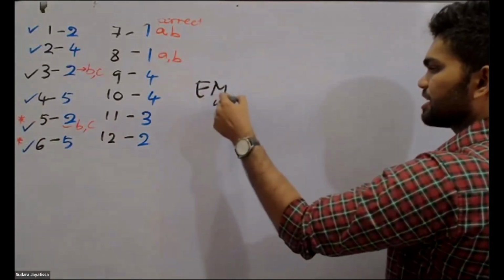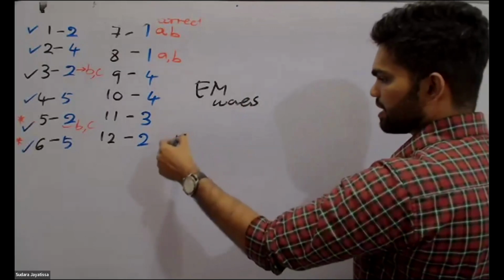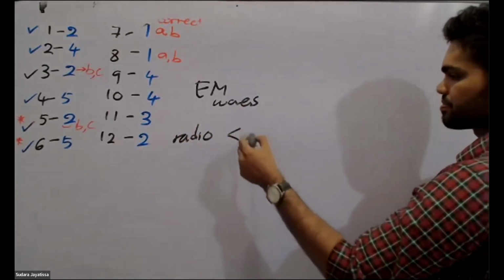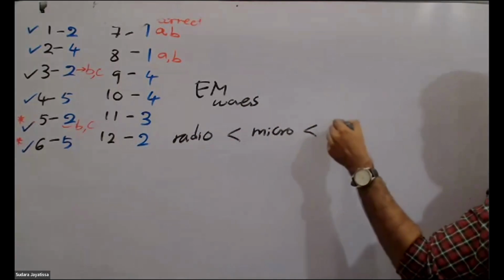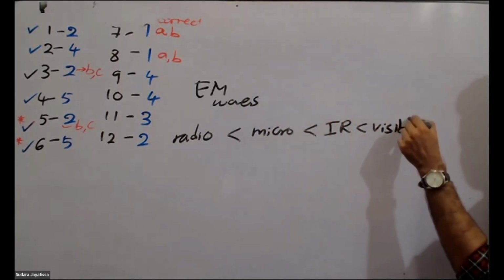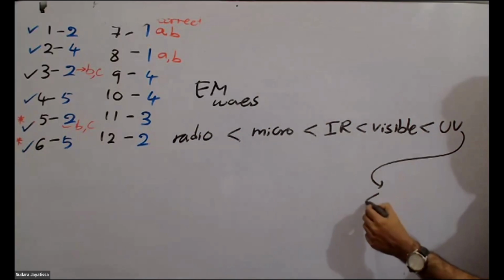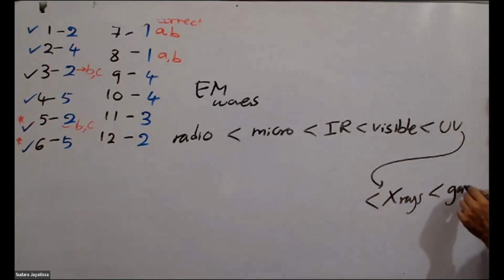For your explanation, just write them. You have radio waves, then microwaves, then infrared waves, visible, then UV, then X-rays, and then gamma rays. Gamma, this is the symbol.